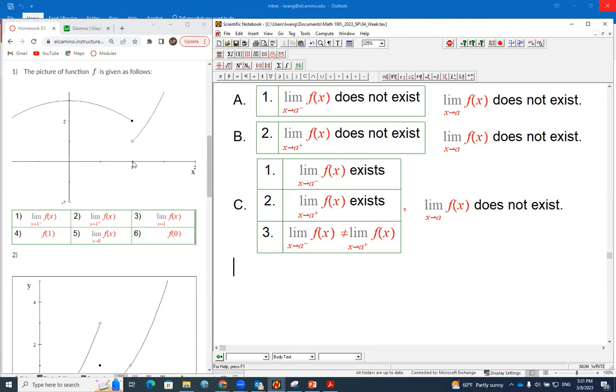You see, at point 1, the limit from the right and the limit from the left, right? The limit from the right is 1, so x is approaching 1 from values greater than 1. And that is not the same as the other, because 1 and 2 are not the same. So this is the case of category C: both limits exist, but they're not the same.